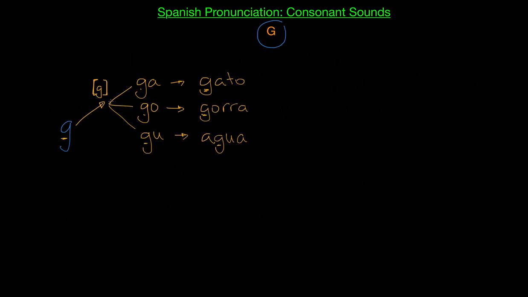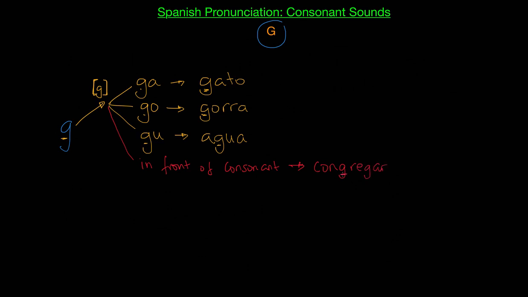The fourth case, when I would pronounce this letter as g, is in front of a consonant, in front of another consonant letter. For those of you who might have forgotten, a consonant is any letter that is not A, E, I, O, or U. An example of this is the word congregar, to congregate.